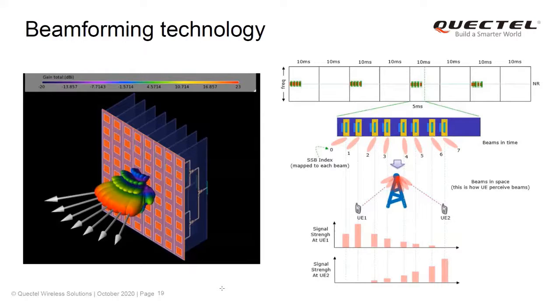So for example, you see here on the right side that it activates these cells from left to right, and then devices located in the intersection of beam 1 have a good signal, while other devices located at the intersection of beam 6 or 7 have a good signal, but the same beam doesn't have the same signal for both devices.